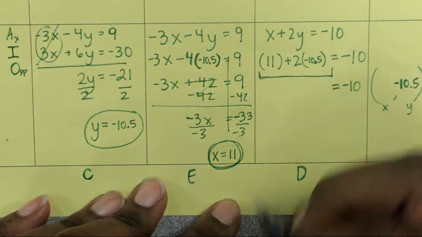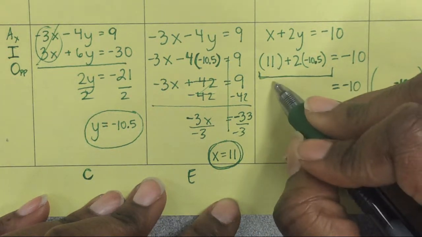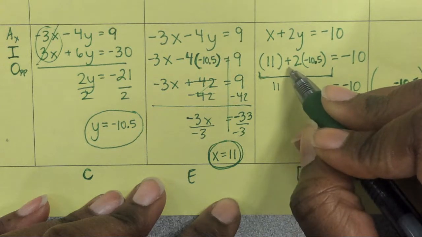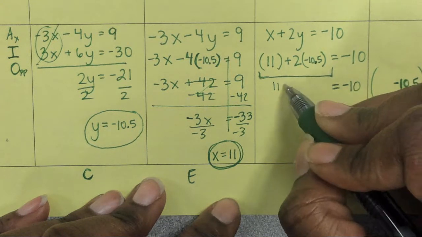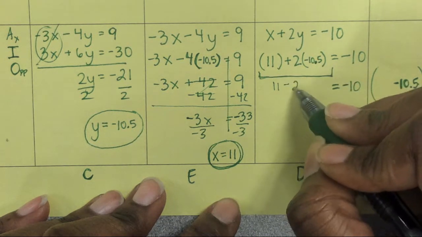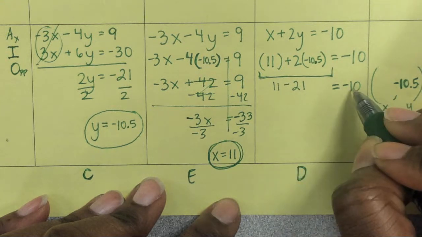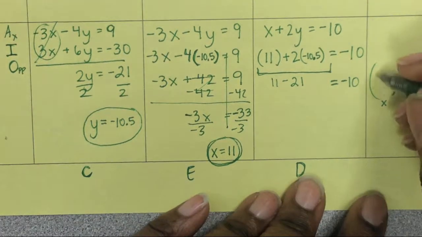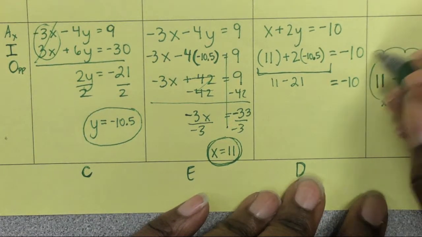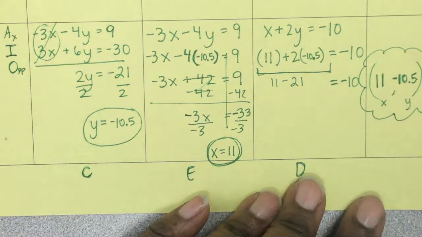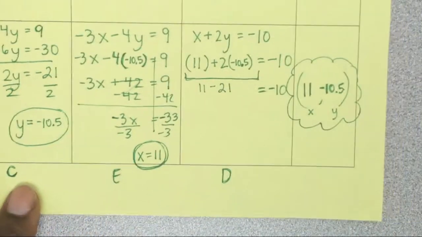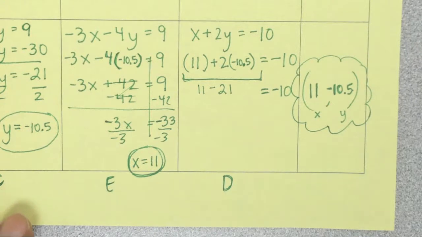Did you check your calculator? That's kind of like a 11 and a negative 21. Yeah, that looks like it works. So that's our solution. That's the end of this problem.